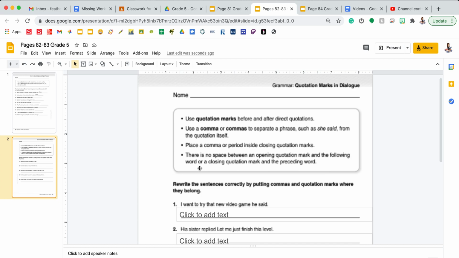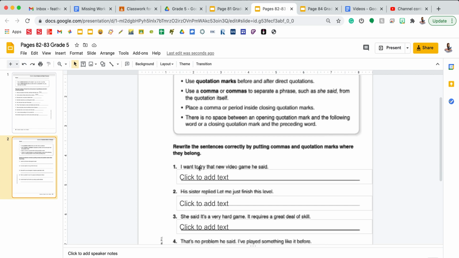And we place a comma or period inside closing quotation marks. And finally, there is no space between an opening quotation mark and the following word, or a closing quotation mark and the preceding word. We're actually going to do two examples together, one with the direct quote at the beginning of the sentence and one with the direct quote at the end of the sentence.